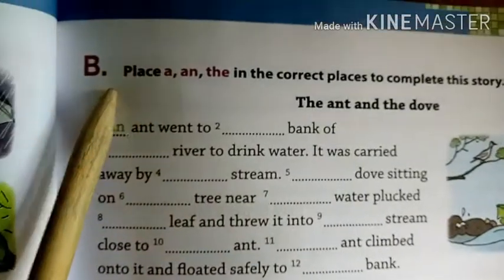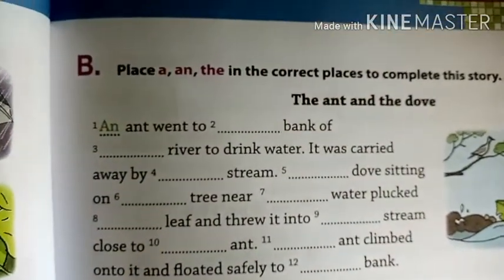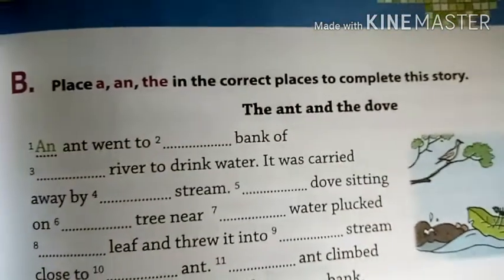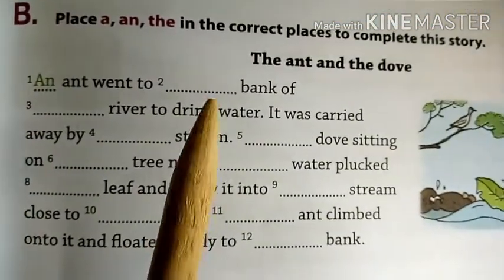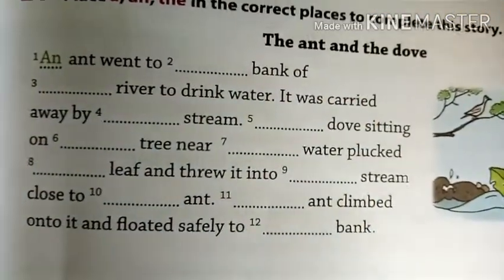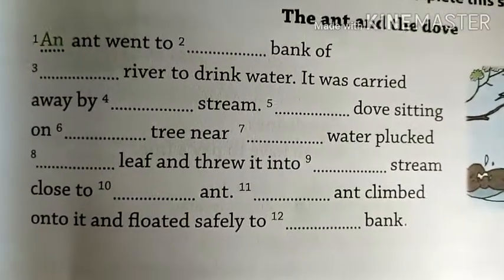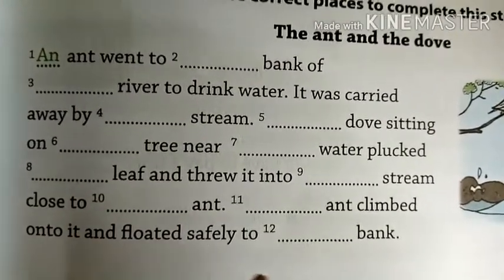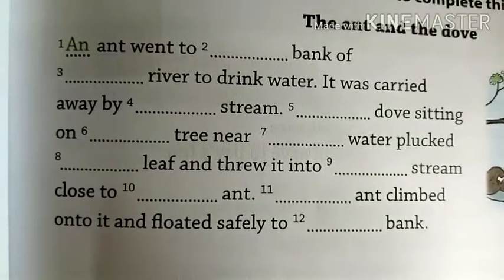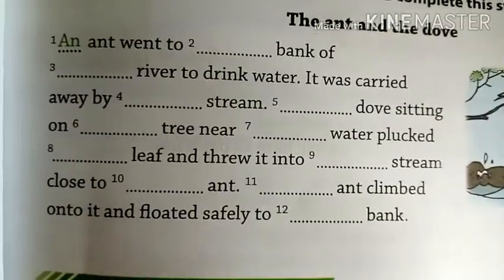Here question B, place a and the in the correct place to complete this story. Here you are given the story, student. You use only a and the and complete your story. Last time we took this story.